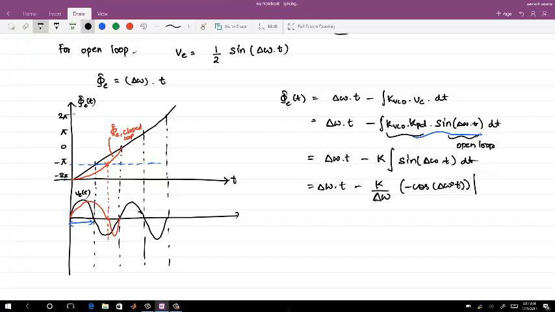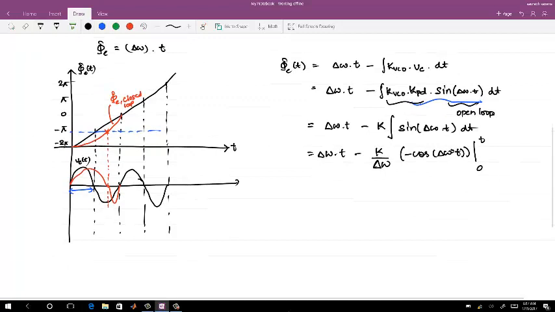One period is t equals 0 to T, and then you will find this settles to the same value, right? You got that thing, right? Now what can you comment on the average of this new phase error?